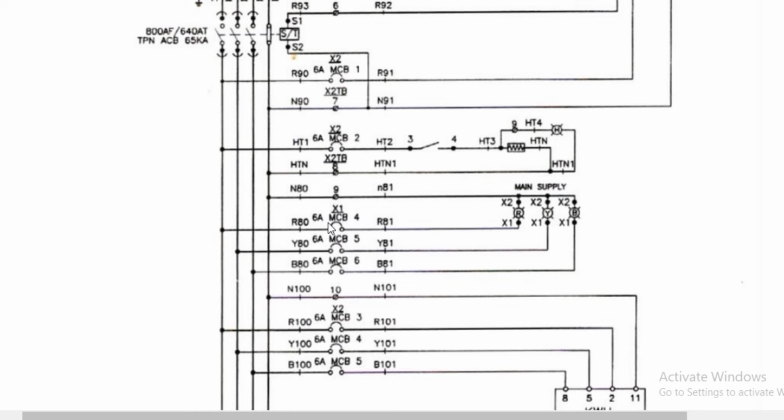MCB is actually the short form of miniature circuit breaker.